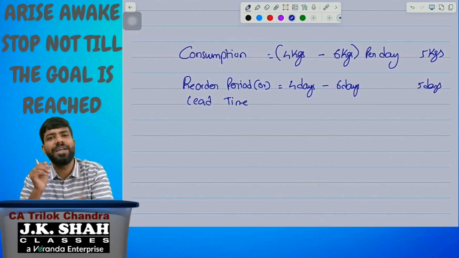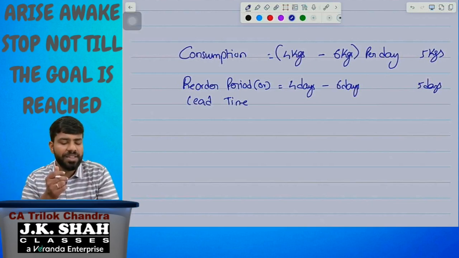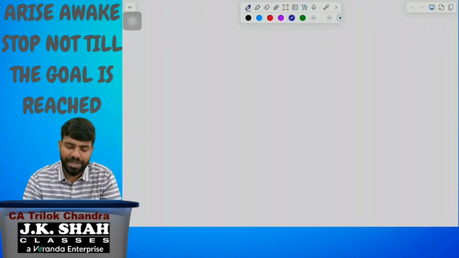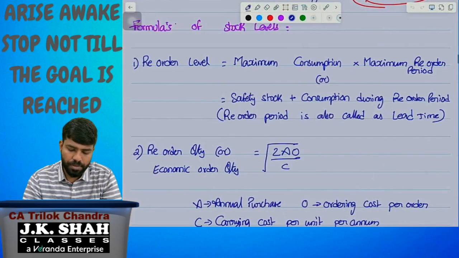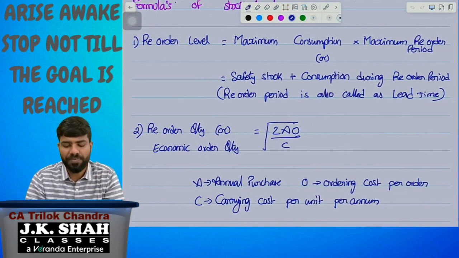Using this information, I am going to explain the formulas. First of all, reorder level, that is maximum consumption into maximum lead time. Or one more formula, safety stock plus consumption during reorder period.